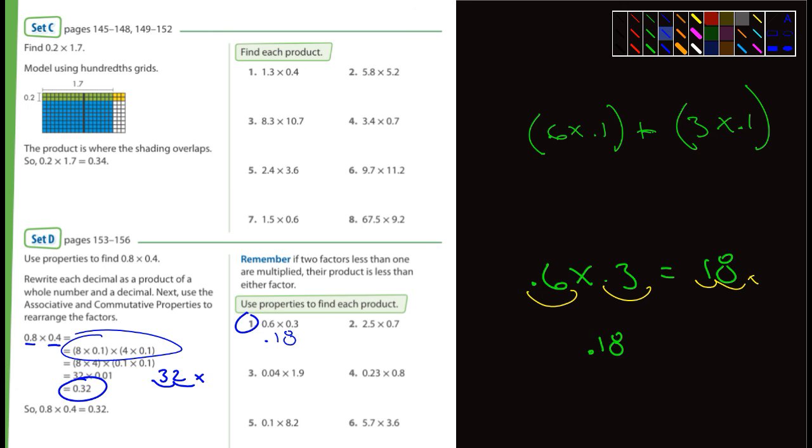Then I guess you could write 6 times 3 times 0.1 times 0.1.